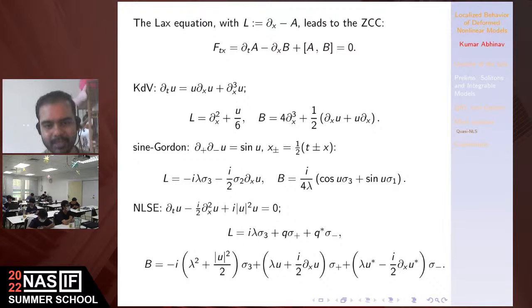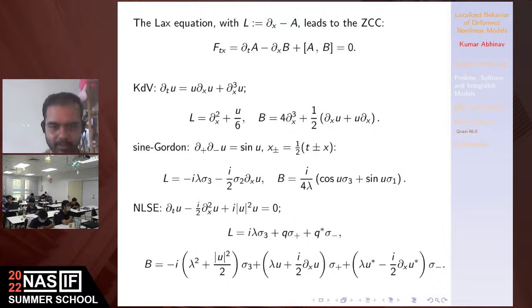So what is del plus and del minus? They are actually partial derivatives with respect to variables which are t plus x and t minus x. These are known as light cone variables, and they are very much used in special relativity. You remember the light cone in special relativity, that is actually explained in terms of these variables. So it's easier for the sine-Gordon system to use these variables. So under these variable representations, the Lax pair looks like this.